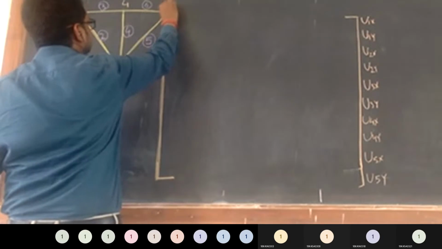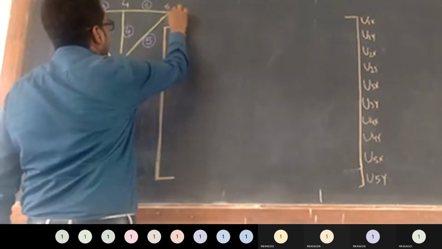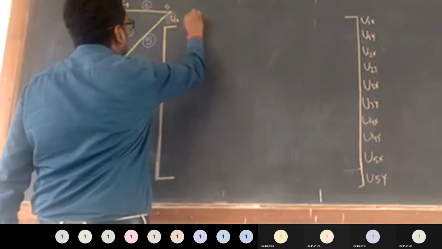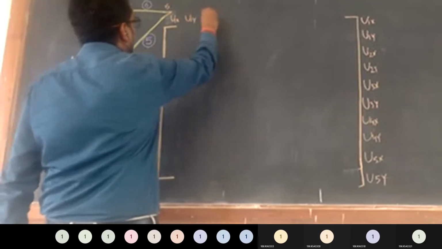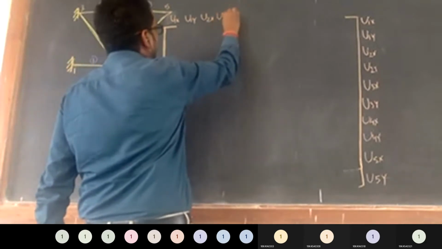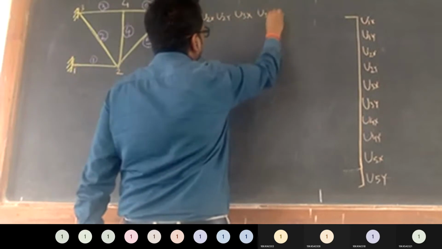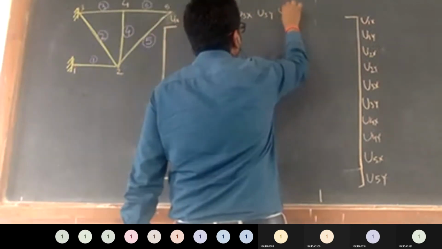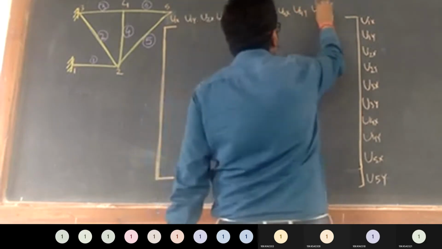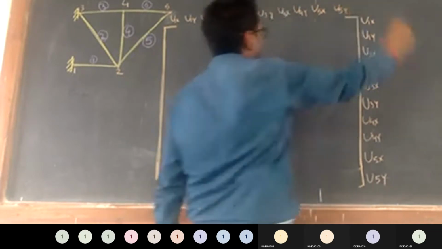Sir, one member is in the lobby. Yeah. Now here you can write, if someone is saying something, U1X, U1Y, U2X, U2Y, U3X, U3Y, U4X, U4Y, U5X, and U5Y.